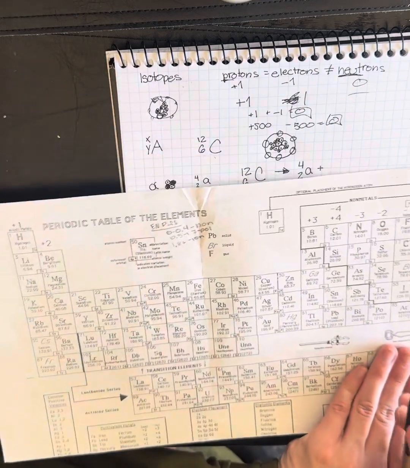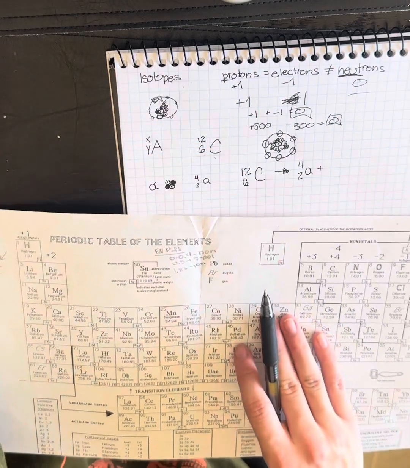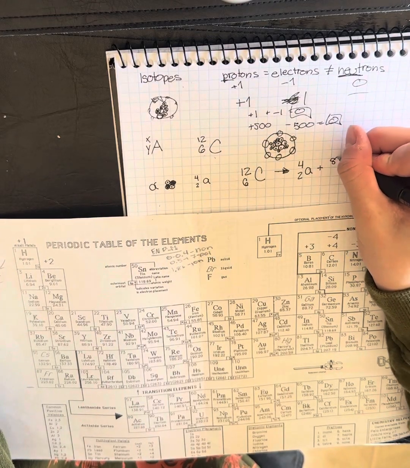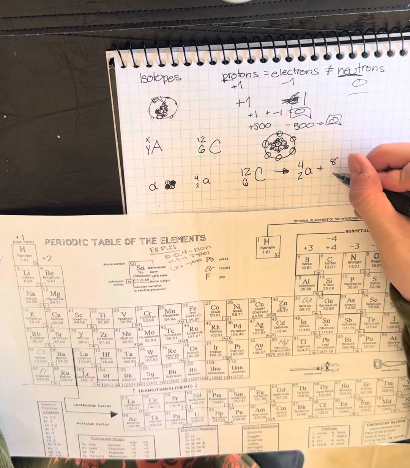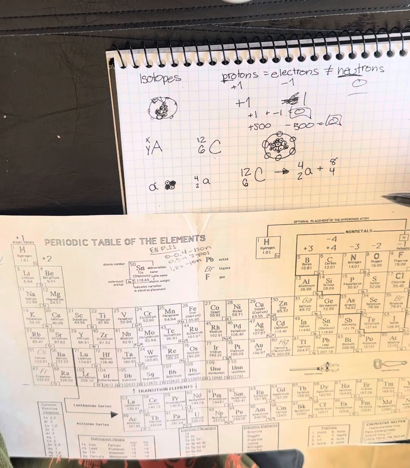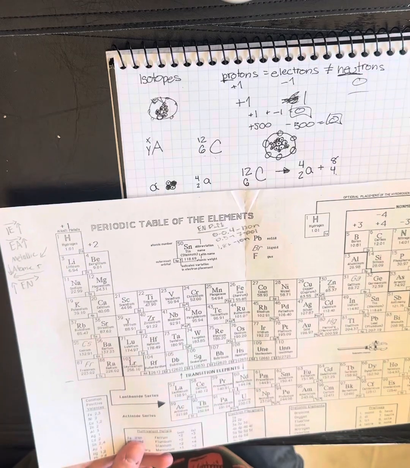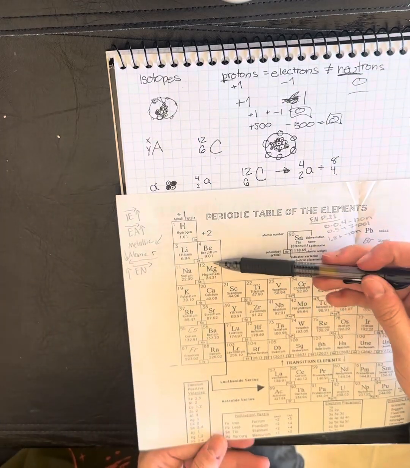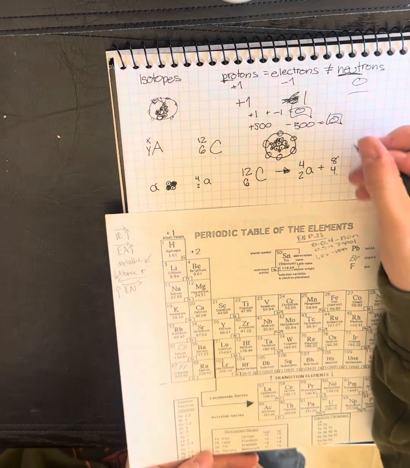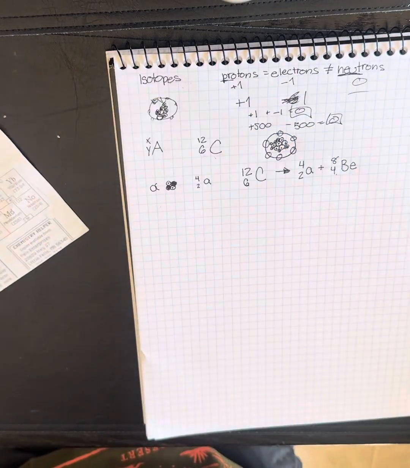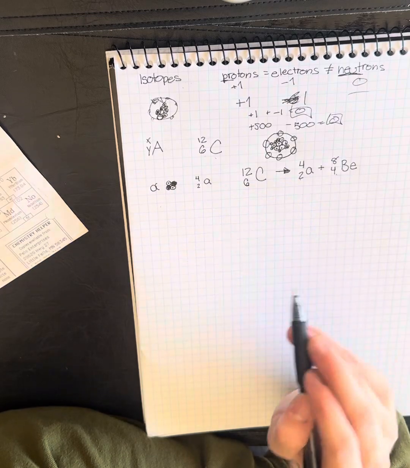So 12 minus 4 is 8, and 6 minus 2 is 4. Whatever new particle we have has 4 protons. We look on our periodic table, and it's beryllium. So carbon spit off an alpha particle and turned into beryllium.